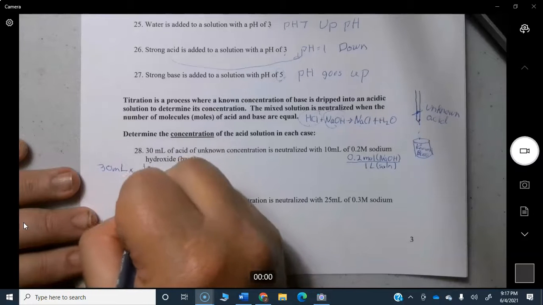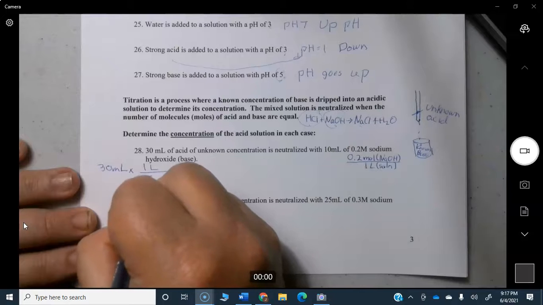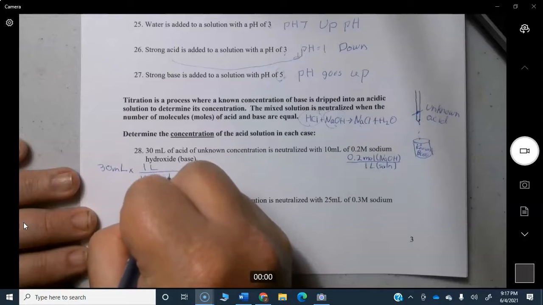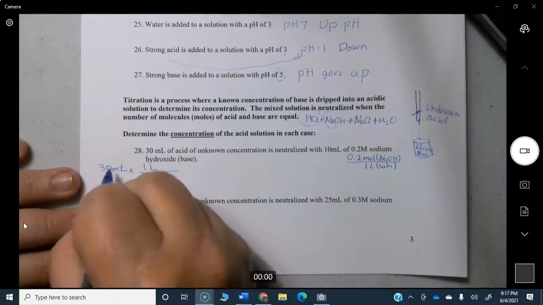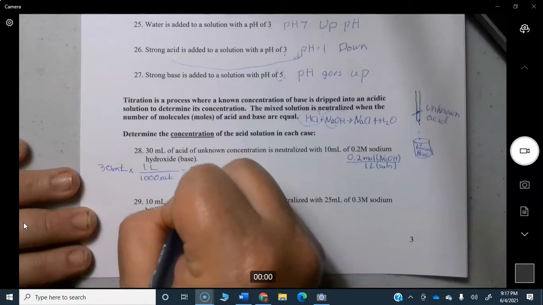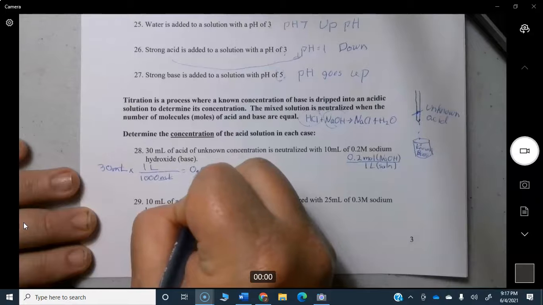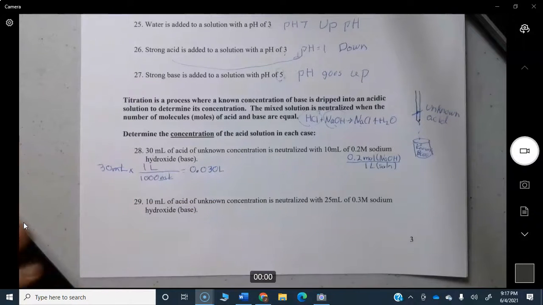So I want liters on the top because I want to convert to liters. And on the bottom I want 1,000 milliliters because I want that to cancel. So milliliters cancels with milliliters. So you have 30 divided by 1,000 and that equals 0.030 liters. That's how many liters 30 milliliters is.